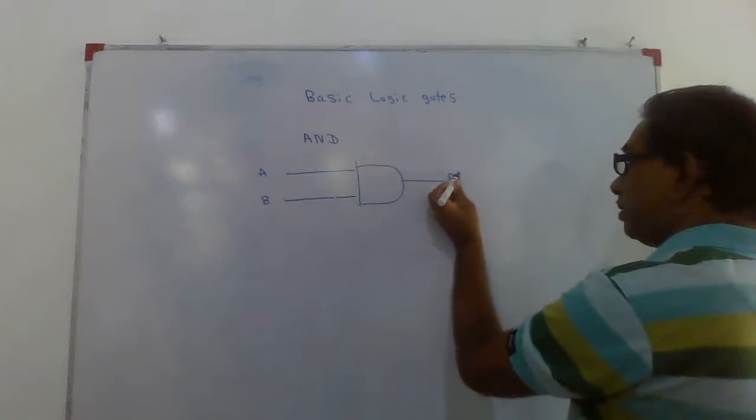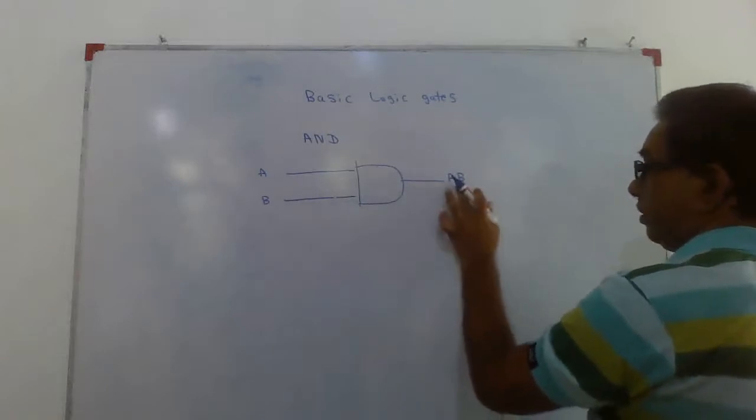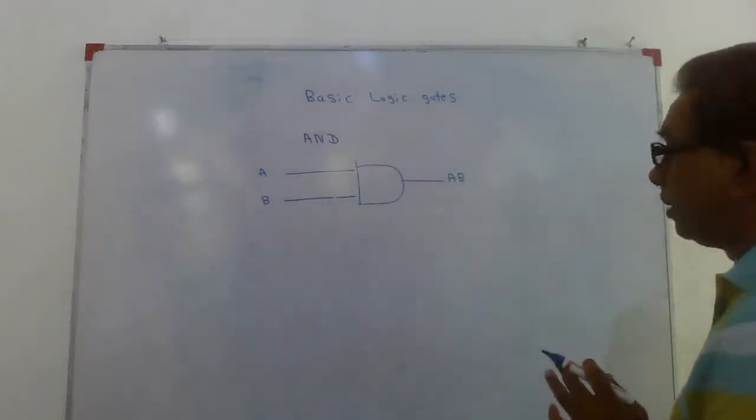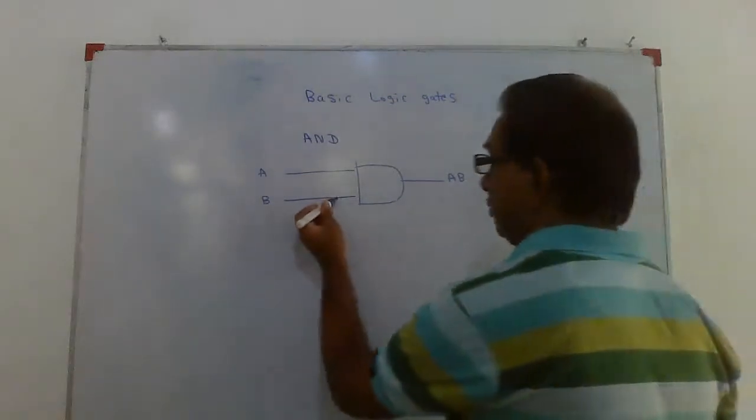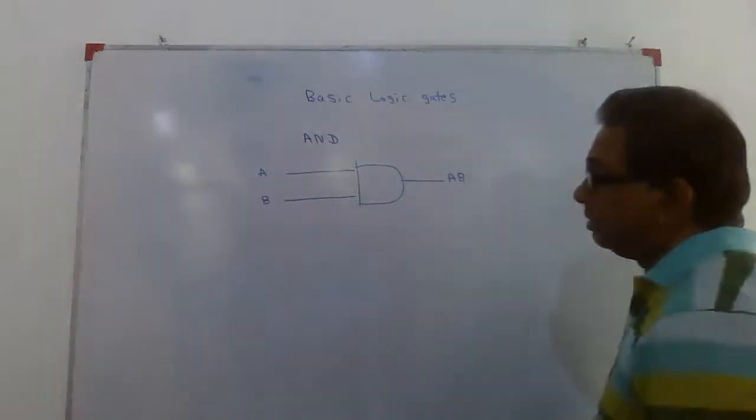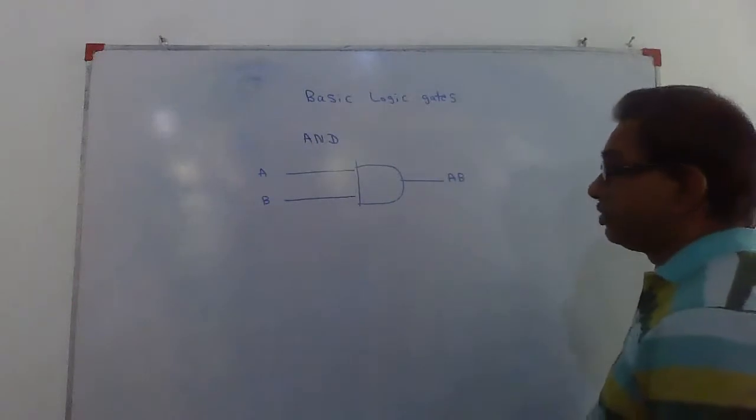Even without having a dot, you can show A and B, the multiplication. I would write the Boolean expression here.